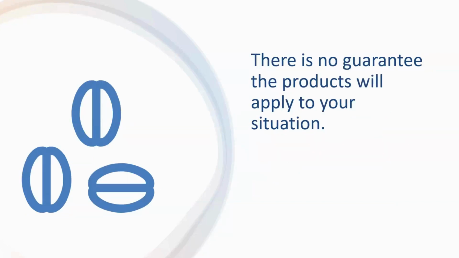So there's no guarantee that the Family Estate Docs or Estate Docs Pro or whoever, there's no guarantee that the products will apply to your situation. You have to have an advisor to help you do that. Or you can make the decision on your own. That's what you're agreeing to as a retail person. That's what you're selling as a licensee.